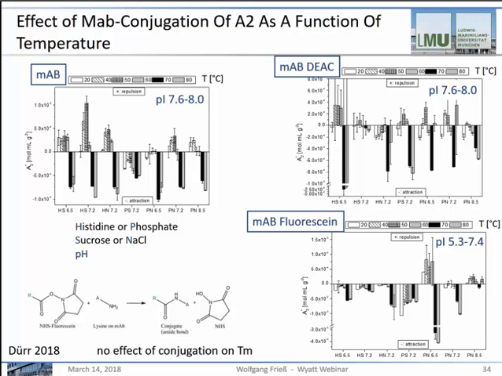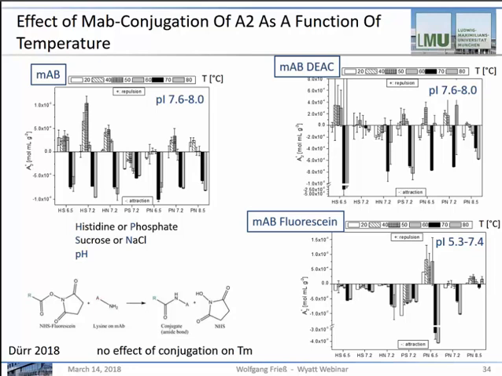Now, when we introduce a conjugate, and the conjugates are typically hydrophobic, what you see is for DEAC, a hydrophobic dye, that overall the KD values are lower and that the KD values become decreased. So overall, we see that as soon as we introduce an additional hydrophobic moiety, the attractive forces become more pronounced.